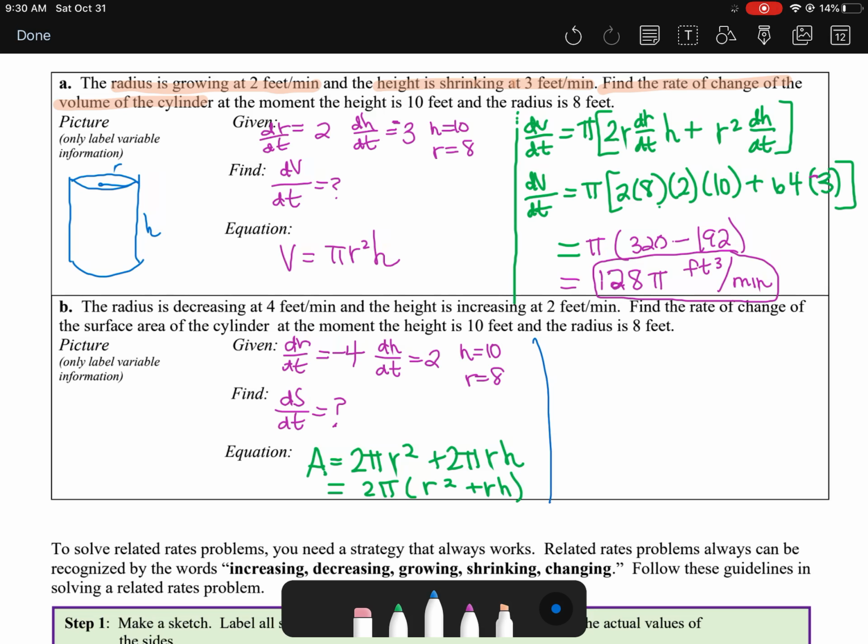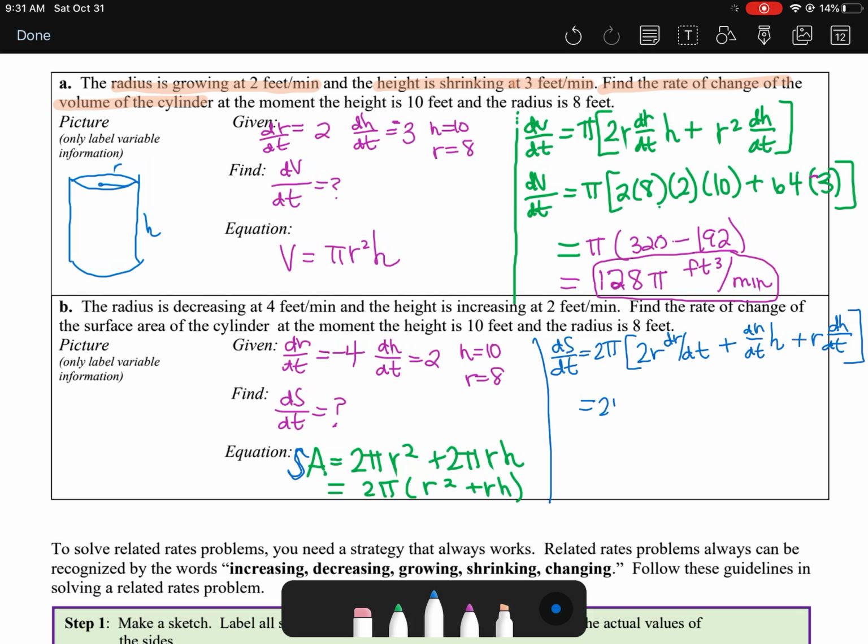Okay, so now let's go ahead and find, and again, this is my surface area, dS/dt is equal to 2 pi times... well, the derivative of r squared is 2r dr/dt plus, now I'm taking the derivative of rh. Well, that's your product rule. So the derivative of r is dr/dt times h plus the first times the derivative of the second, so that is dh/dt.